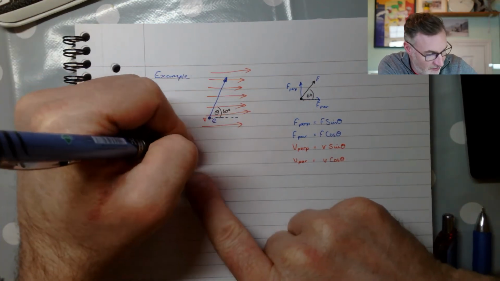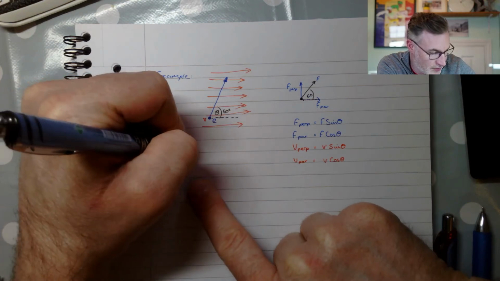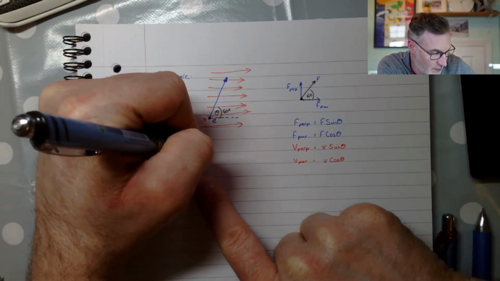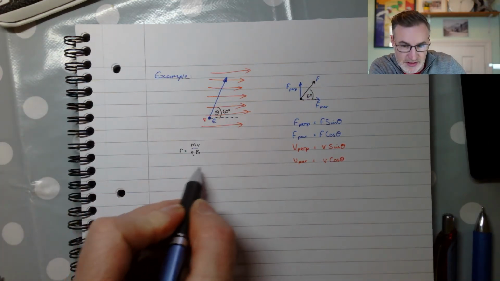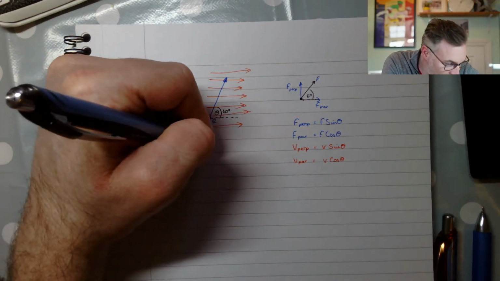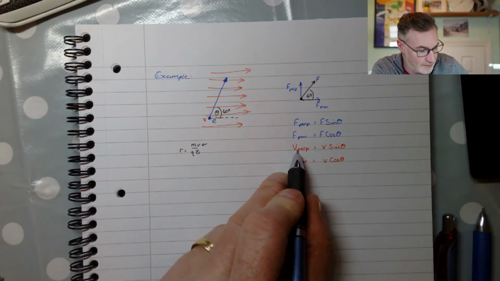And that can be found, so as before, we would just have R is equal to mv over qB. So this will give us the radius, but our velocity here must be the perpendicular component.